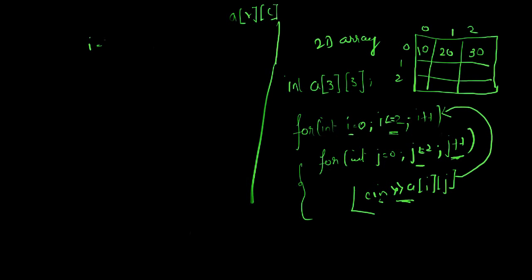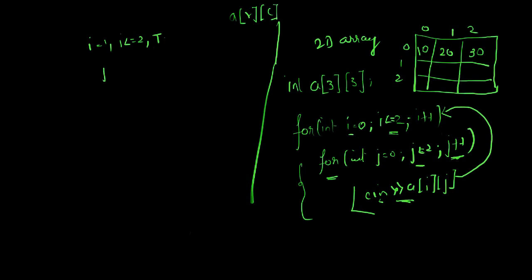When i is equal to 1, it will check the condition again, i less than or equal to 2. So the value 1 less than or equal to 2 is true. So now it gets back to the second loop, that is the inner loop again.